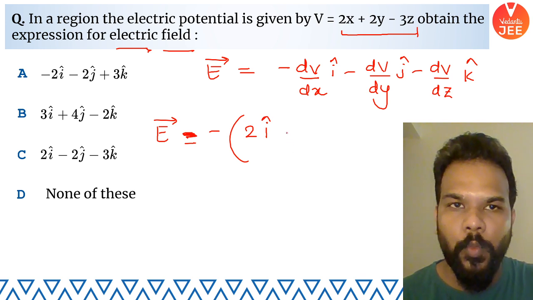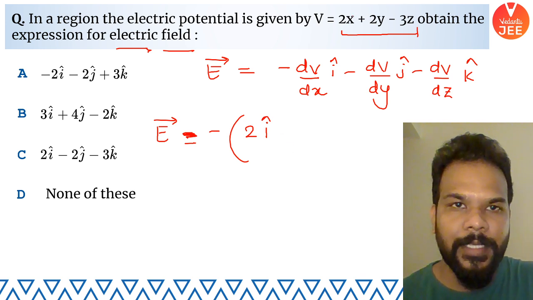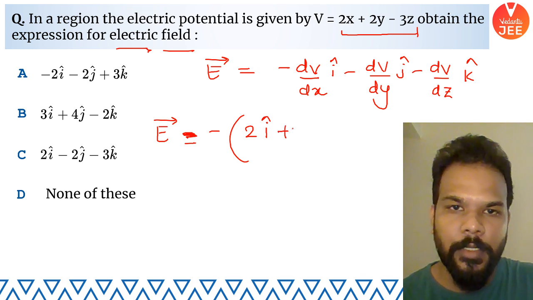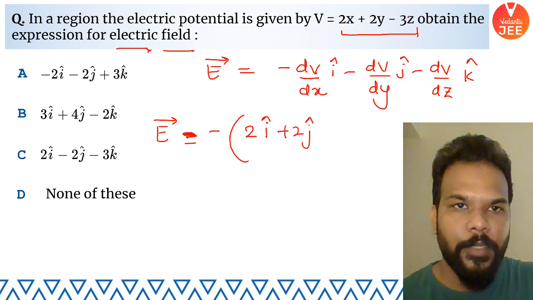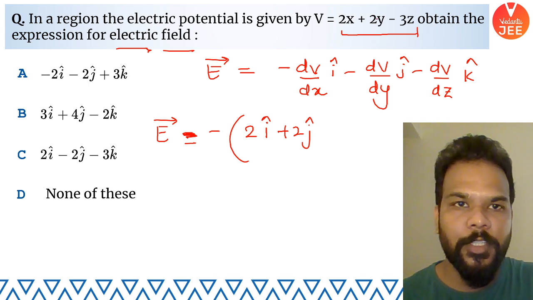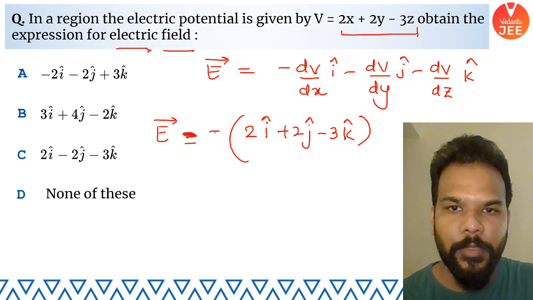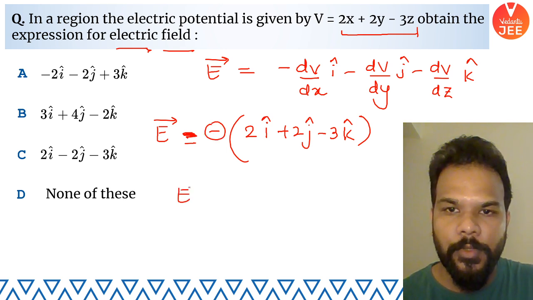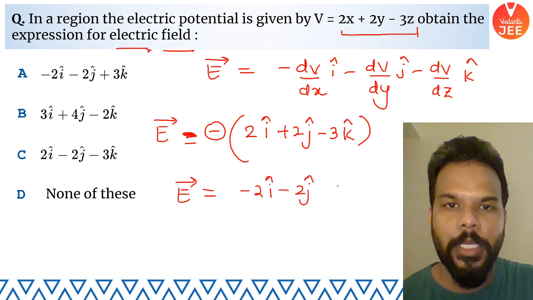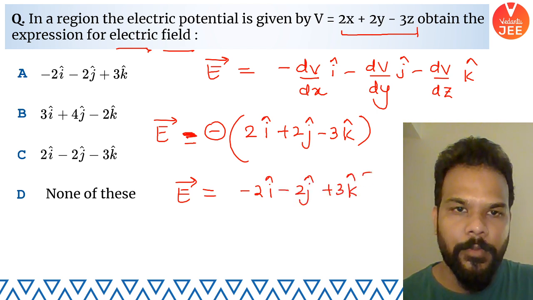Similarly, with respect to y we get 2 j cap, and with respect to z we get minus 3 k cap. Mind you, there is a minus sign waiting outside. So the electric field comes out to be minus 2 i cap minus 2 j cap plus 3 k cap.